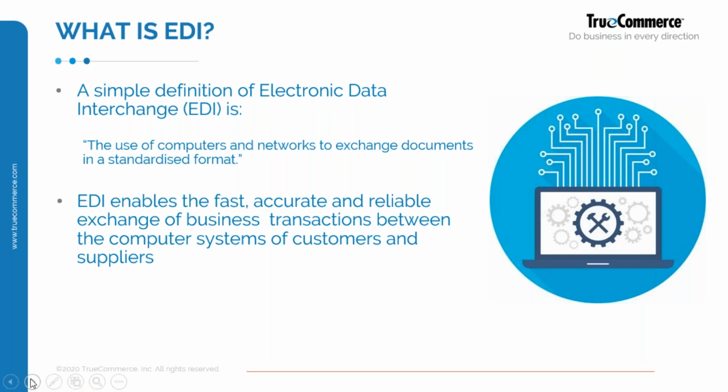So the important pieces to focus on is that it's an exchange of documents between business systems. So the systems themselves have to have intelligence to be able to understand what the message is without having to have a human interaction along the way to explain what it means. To do that, you need to use a standardized format and you need to send it over a fixed way so that it knows who it's coming from, why it's coming from them, and what the breakdown of that message is.